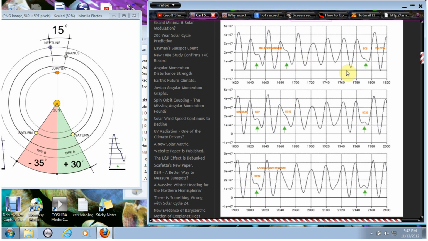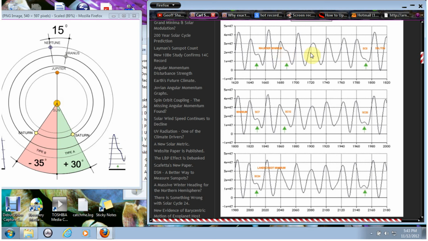And when they're together, like here they're not together, when they're together around here, we get higher peaks and deeper troughs of angular momentum. And when we have this type of configuration over here, we get a perturbation. I call this an AMP event, which stands for angular momentum perturbation.